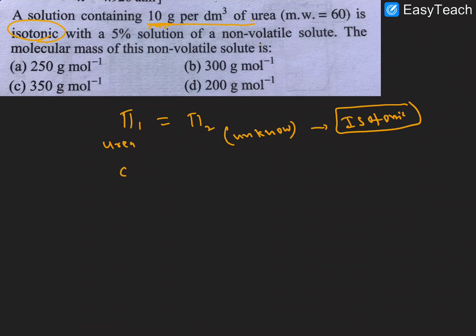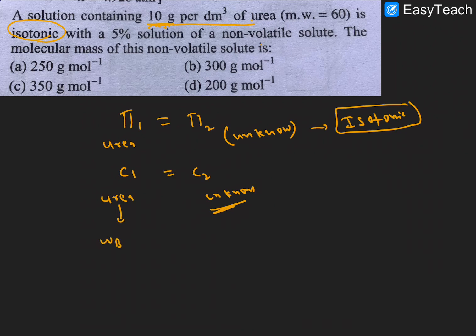Same, the concentration is also the same here. The concentration of 1, urea, is equal to the concentration of 2, and this is an unknown solute, right? The osmotic pressures are equal, so the concentration is also equal. What is the concentration formula? Already we discussed the molarity formula.